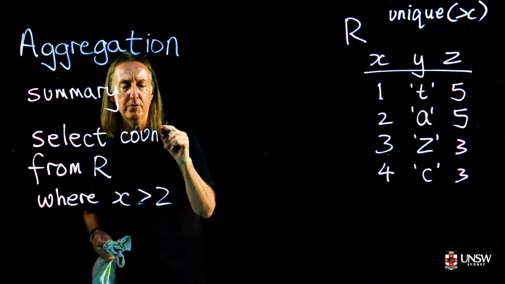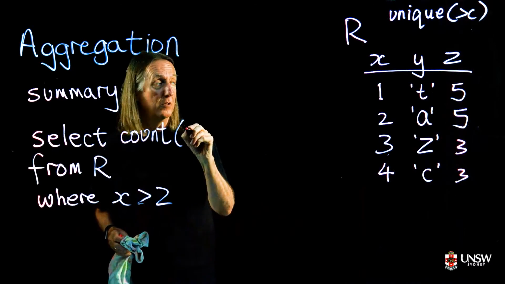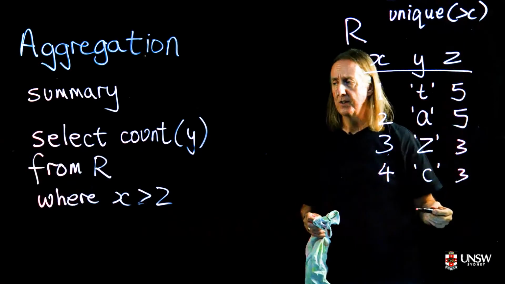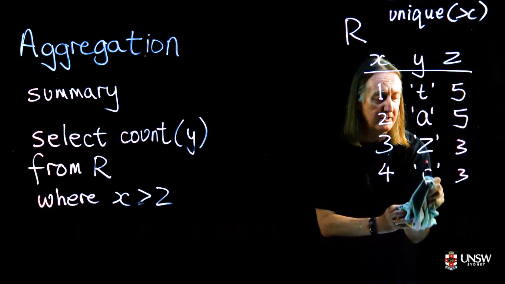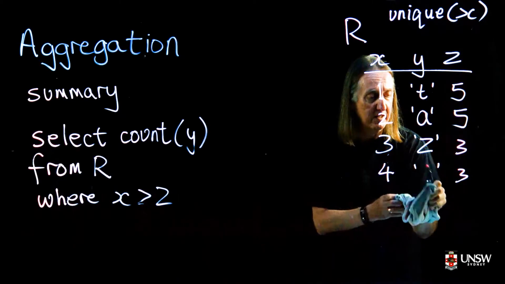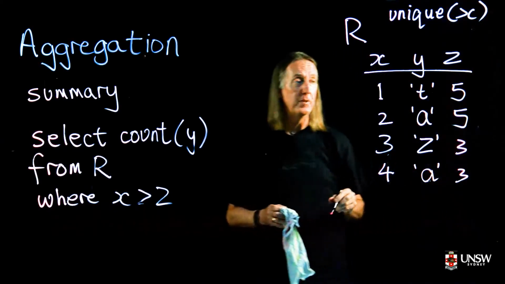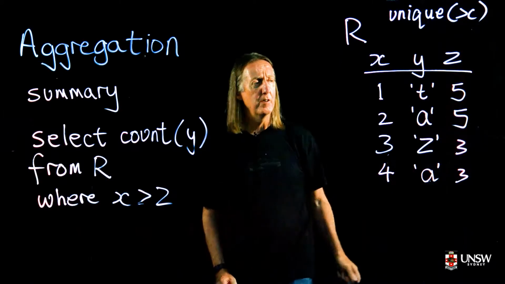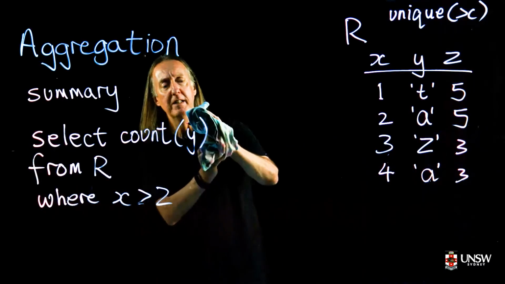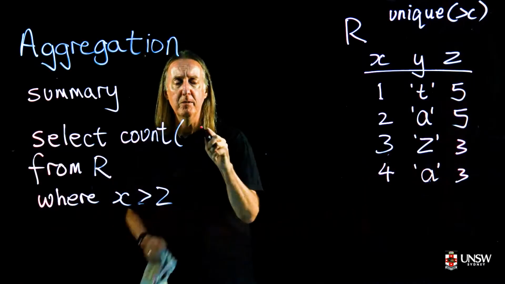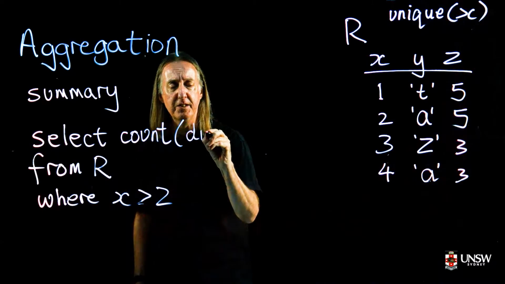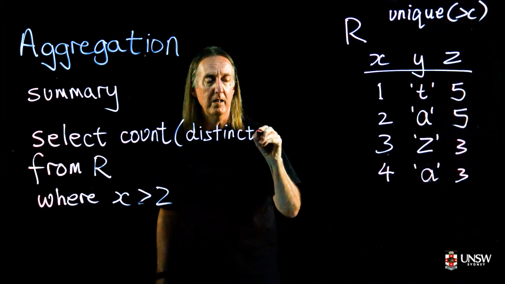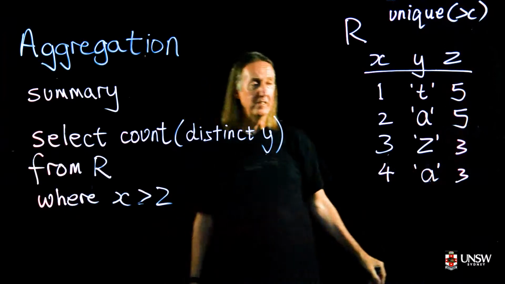So if I really wanted to, I could say count all of the y values. Let's say for the sake of argument that these happen to have the values T, A, Z, and A. If I wasn't just interested in the total number of y values, but wanted to know how many different y values there were, then I can express that in SQL by saying count just the distinct y values.